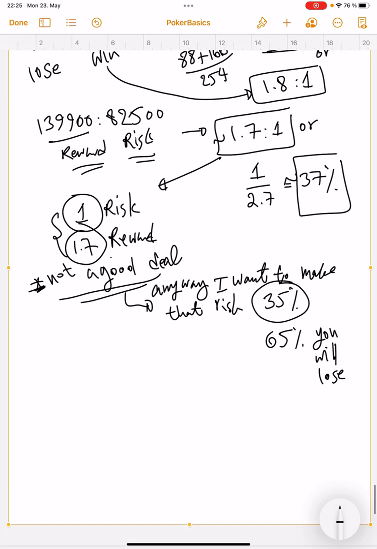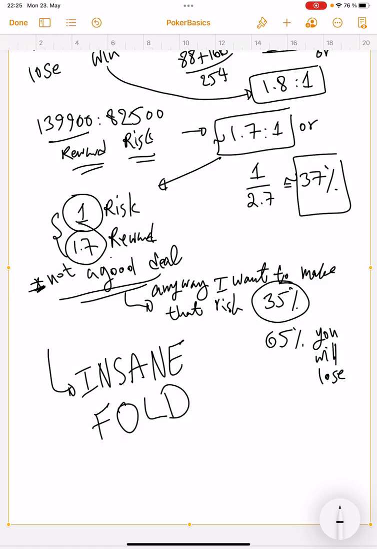So for this decision there is just one word: insane. Mathematically, if you gather these different possibilities, you have to do a big fold, a sofort fold, an immediate fold.